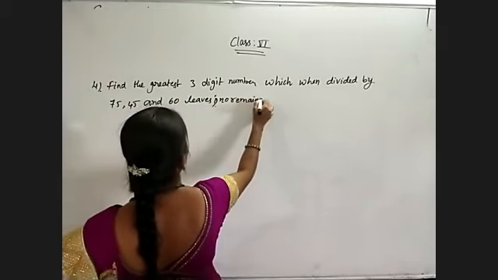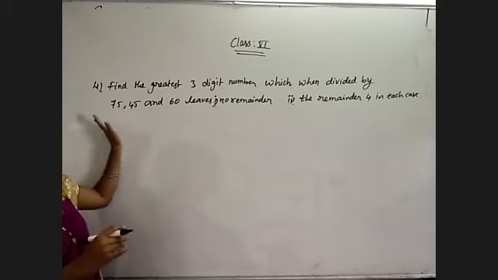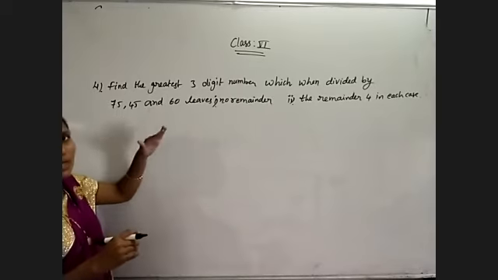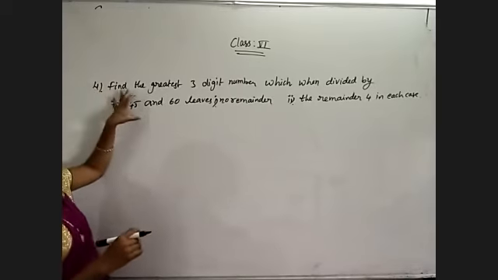Okay, just observe here. Find the greatest 3-digit number which when divided by these numbers leaves no remainder. Whatever number it is, it must be divided by the given numbers. So which number will be divided by each of the given numbers? The LCM of the numbers only is divisible by each of the given numbers.